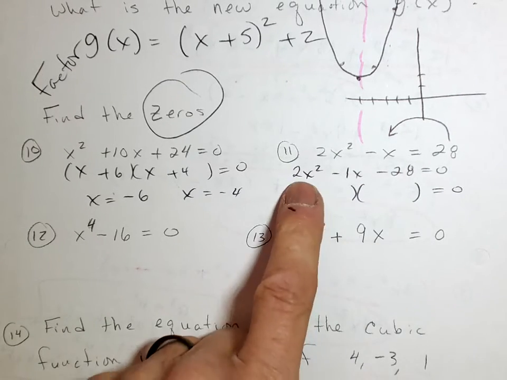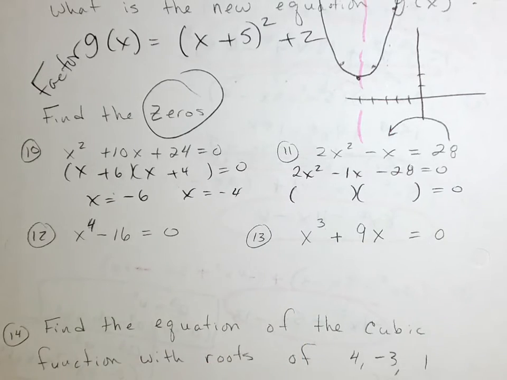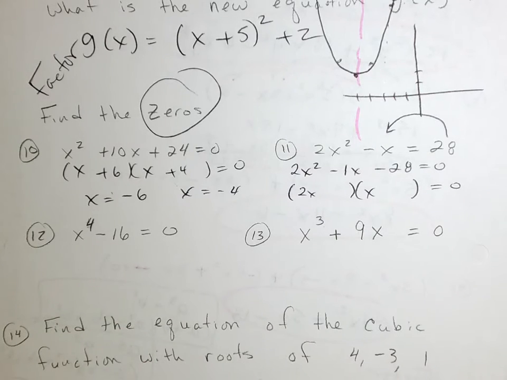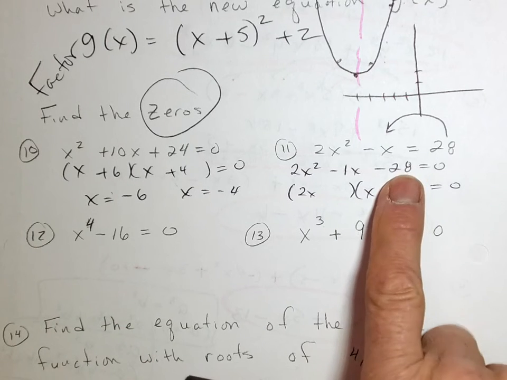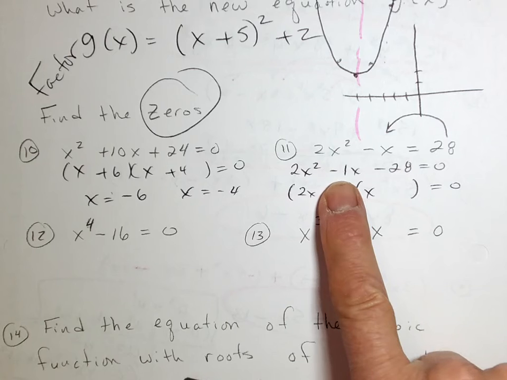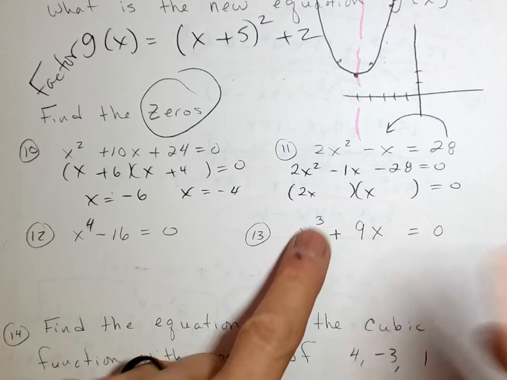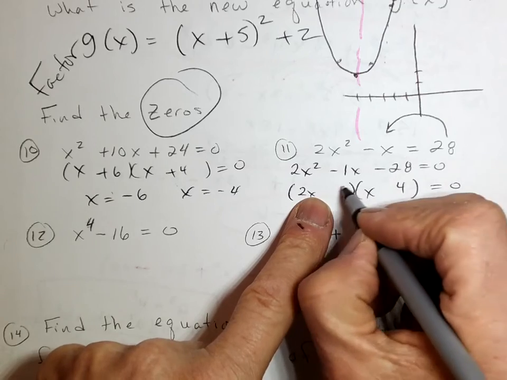The only way I can get a 2x squared is with a 2x and an x. So I'm going to go 2x and an x. Okay, so multiples of 28, probably 4 and 7, but I got to come up with a 1. Probably 4 and 7. So I think 4 can go here, and 7 goes here.